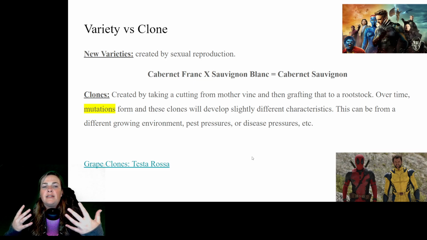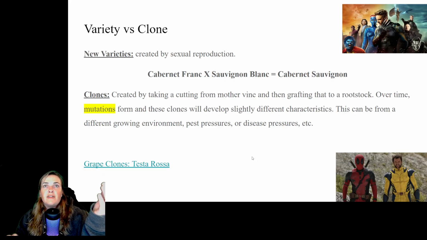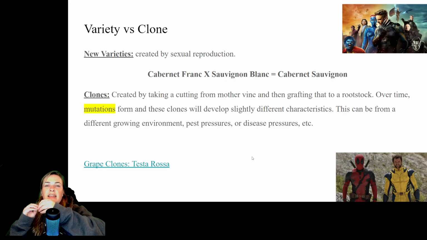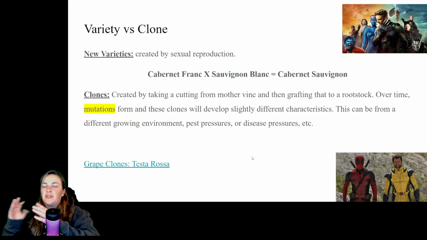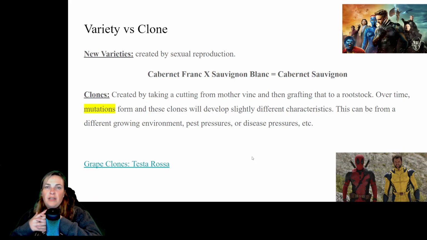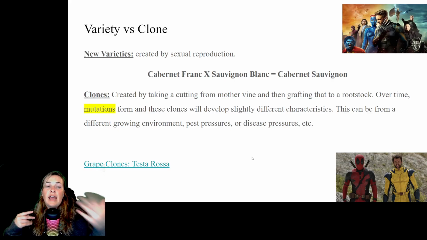And this happened through the pollen of one plant pollinating the flower of another plant, right? And then there was a genetic transfer. You go back to your Punnett squares, right? And then it produced a new offspring with a combination of genetics through its parents, right? This can happen on accident. We can do this in breeding programs on purpose, right?